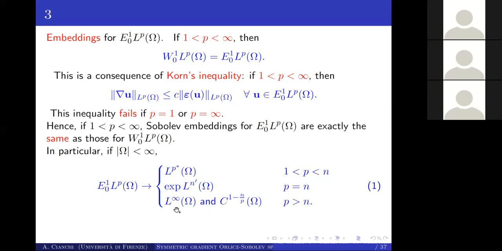It's embedded into L infinity, and even into the space of Hölder continuous functions with exponent 1 minus n over p, if p is larger than the dimension n. And in the borderline case where p equals the dimension, one has the embedding into the space exp L^{n'}, where n' is the conjugate exponent. This is the famous Yudovich-Pohozaev-Trudinger embedding.